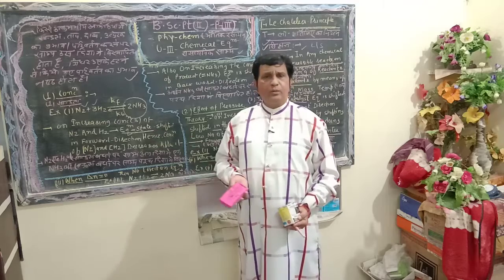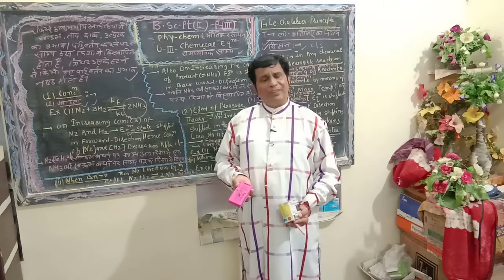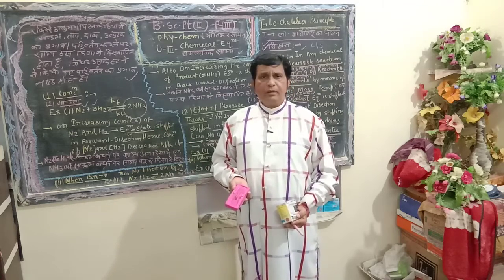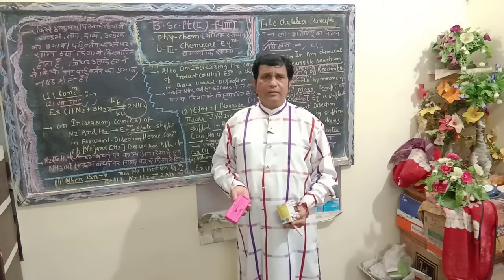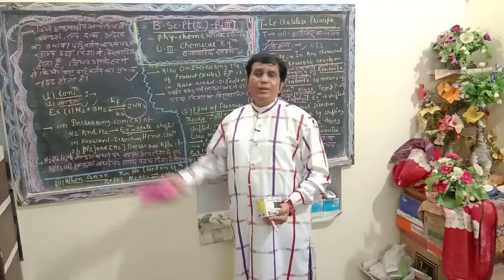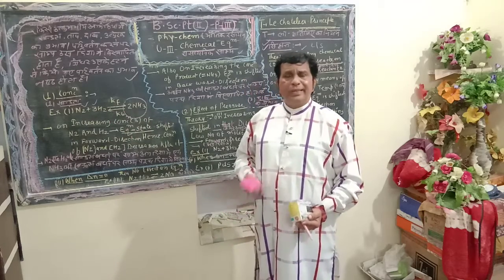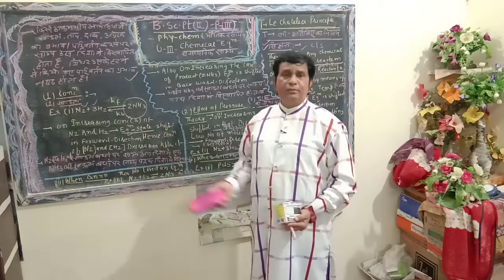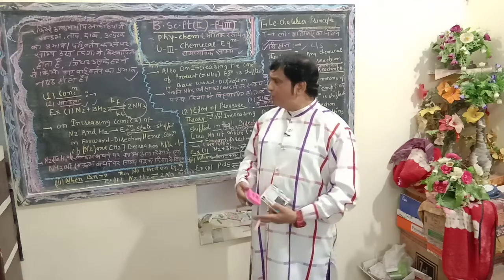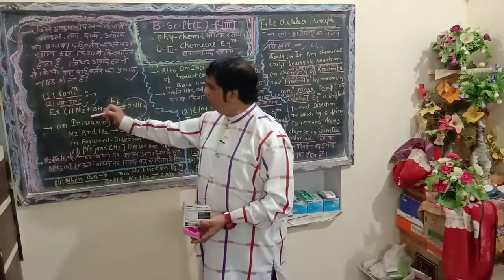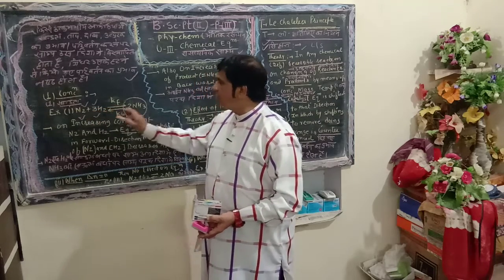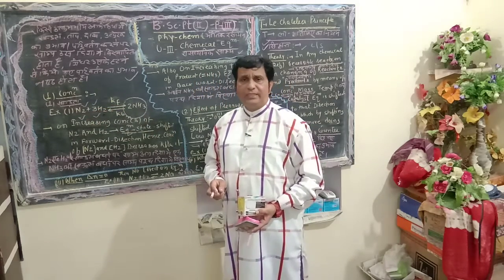Let us try to understand the first factor, concentration. In order to explain Le Chatelier's principle in a reversible chemical reaction, I have written on the blackboard that 1 mole of N2 reacts with 3 moles of H2 to produce 2 moles of NH3.